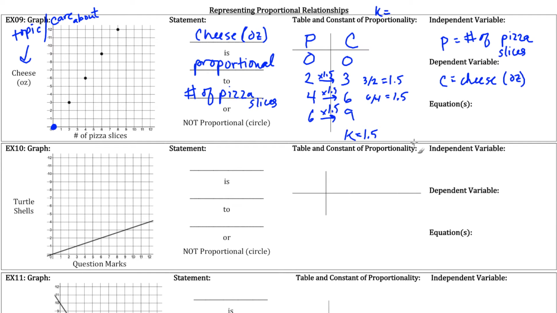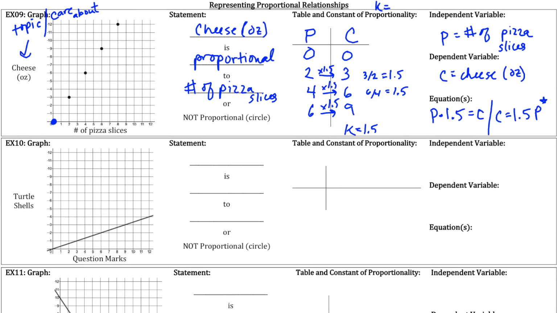So if we take the pepperoni pizza slices and we multiply it by 1.5, we will get the amount of cheese. But remember, the one I really want is C equals 1.5 P. This is the one I want. Let's try another one.